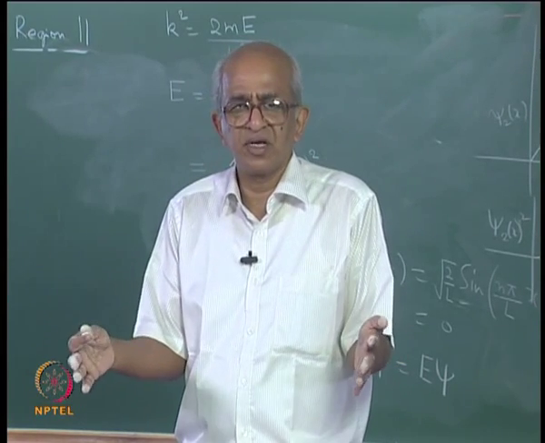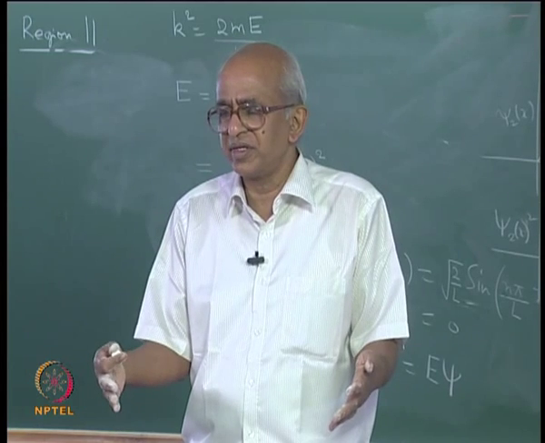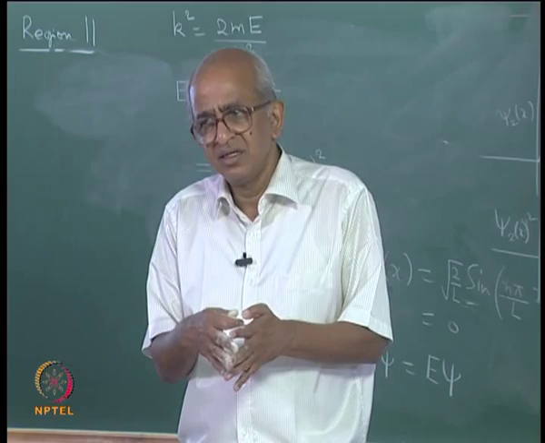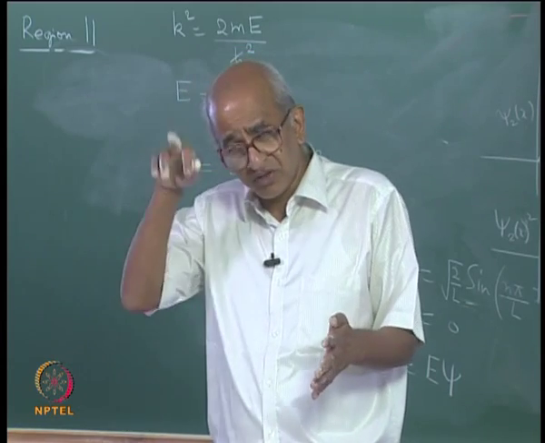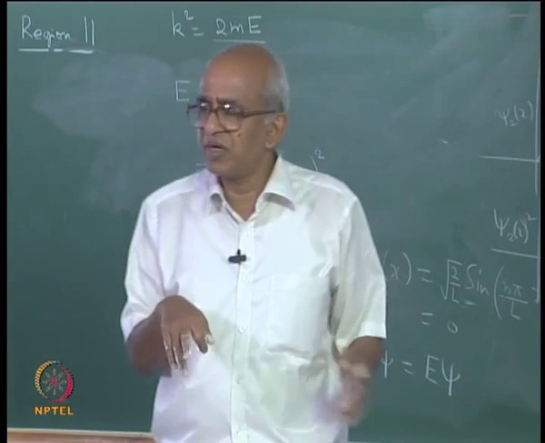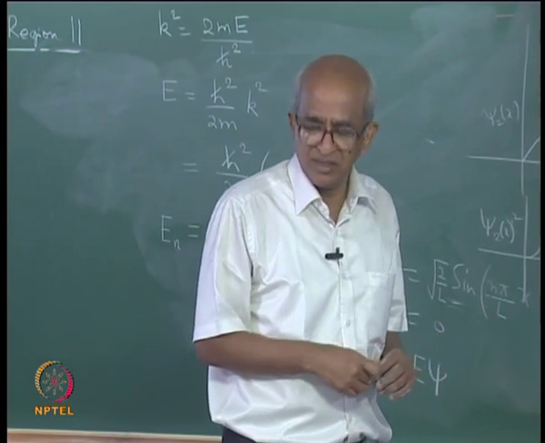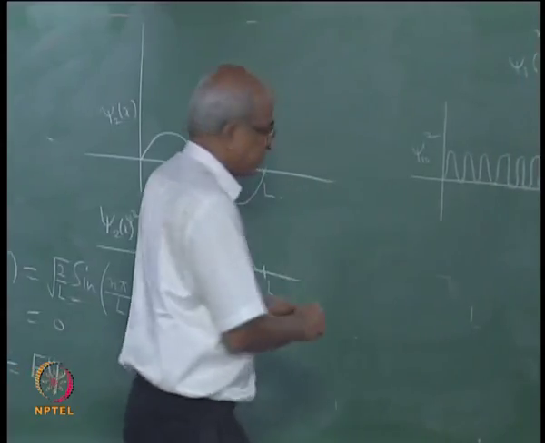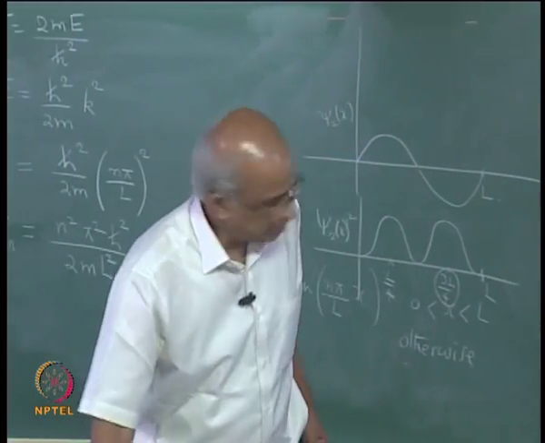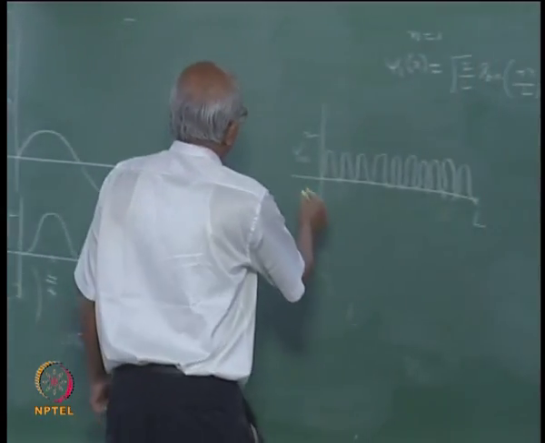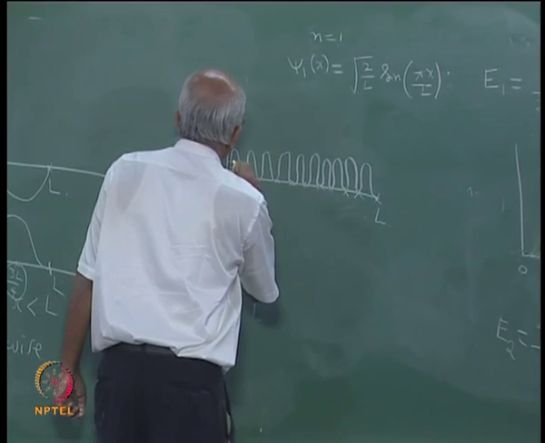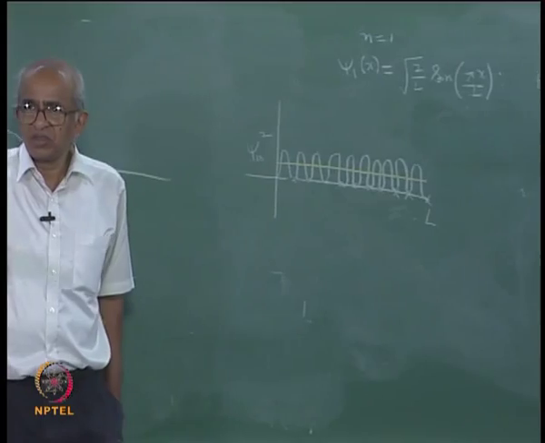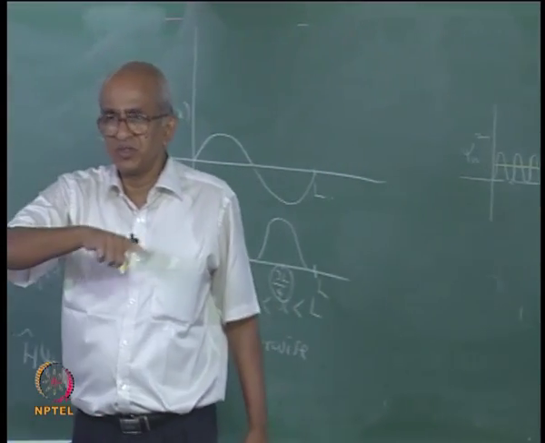In terms of probabilities, the probability of finding the particle anywhere is the same. If I plotted that classical probability as a function of position, I would get a straight line, something like that, because the probability does not depend upon position.